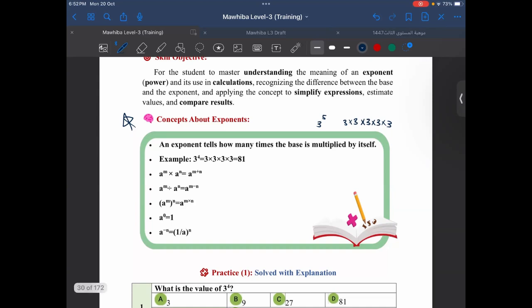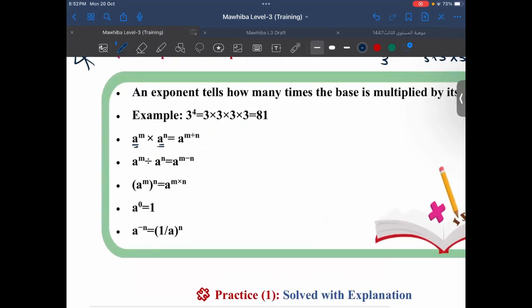Some rules that apply to exponents: if you multiply numbers with the same base, meaning the number down below is the same, you can add the exponents together. So if I have 3 to the power of 2 multiplied by 3 to the power of 3, I'm going to have how much? 3 to the power of 5.